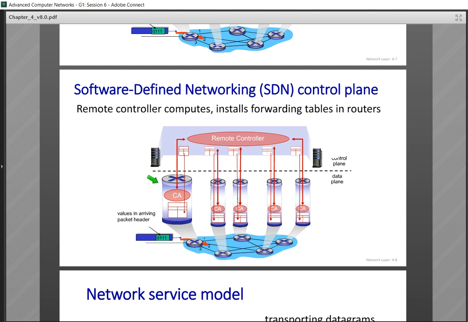Their control plane will be shifted into some servers, and those servers think about the paths, and then their results will be returned to our routers. And our routers just consume the results.